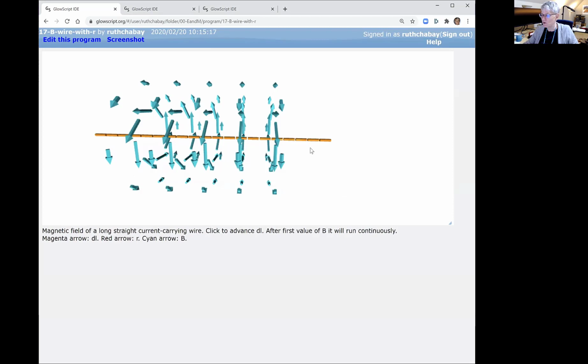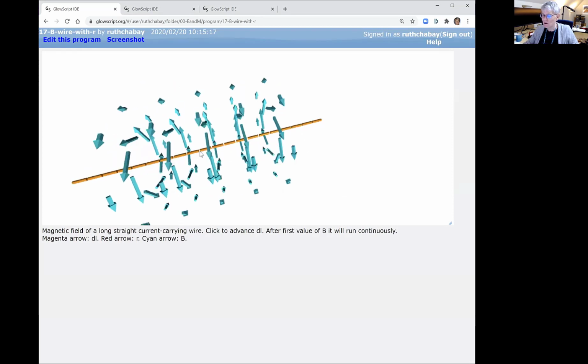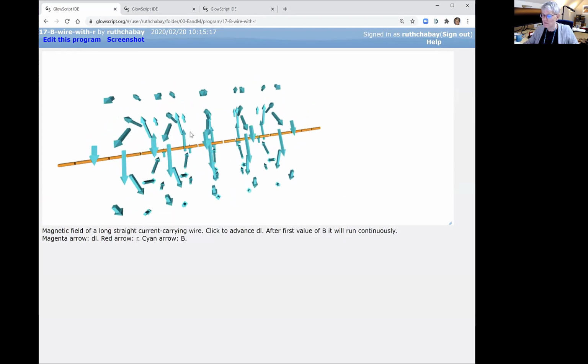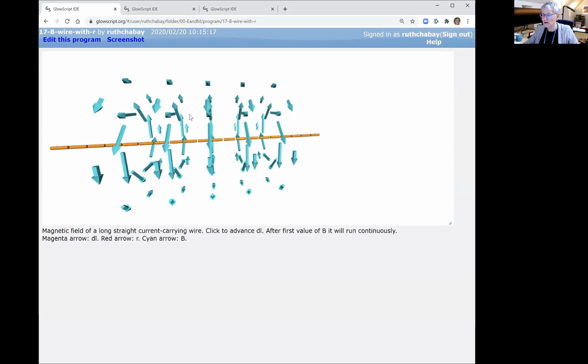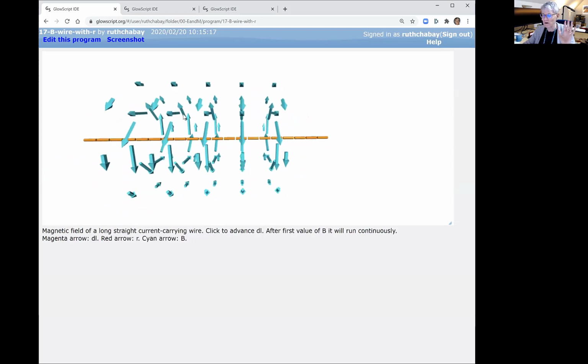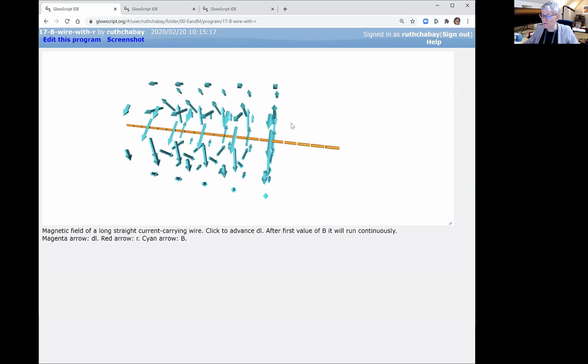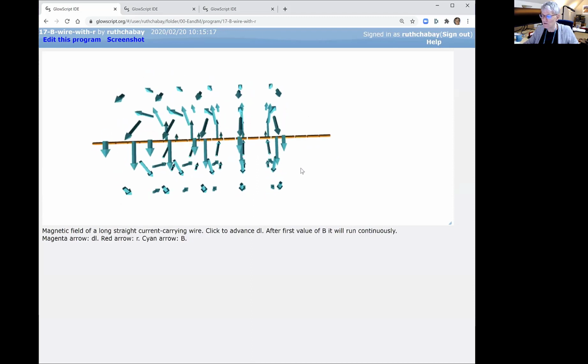Okay, so we were looking at locations not very near the ends of the wire, right? So again, there really is almost no difference.